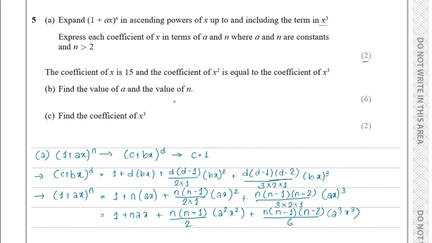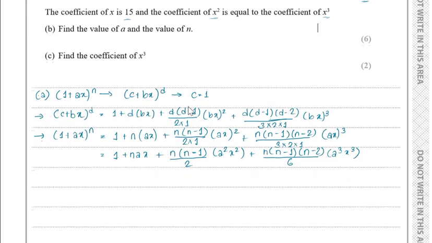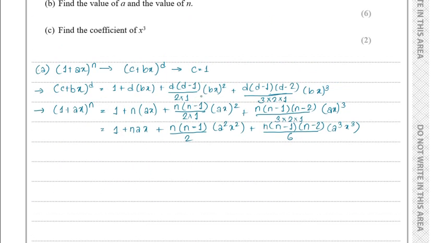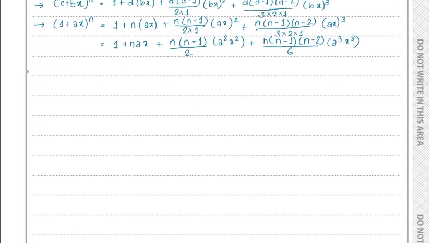And the coefficient of x is given to be 15. The coefficient of x squared is equal to the coefficient of x cubed. Find the value of a and n. So the coefficient of x is actually n multiplied by a, so it's na.